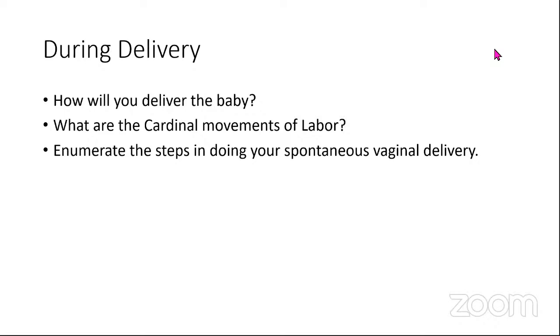Okay, you put two fingers on either side of the neck, and then what will you do? We will deliver the anterior shoulder and then the posterior shoulder. You pull downwards to deliver the anterior shoulder, and then pull upwards to deliver the posterior shoulder. Once you have delivered the shoulders, what will you do?